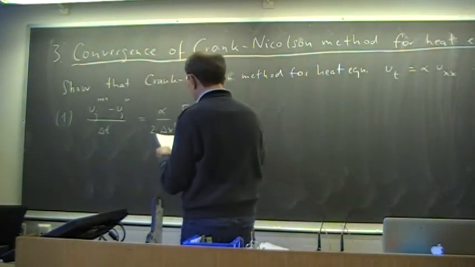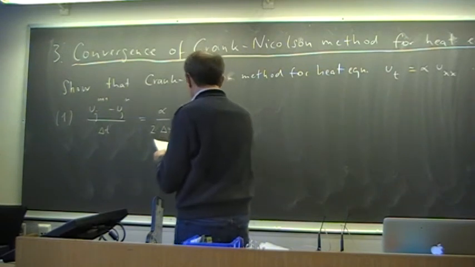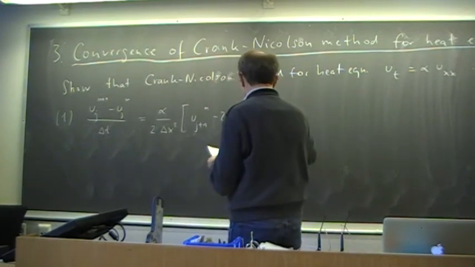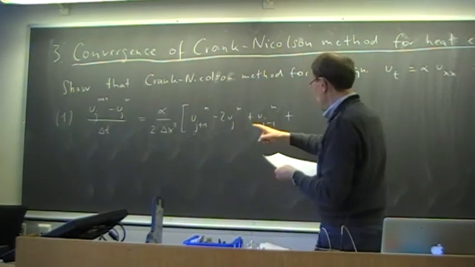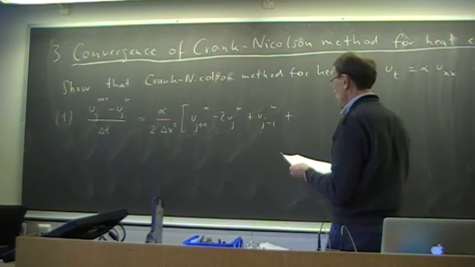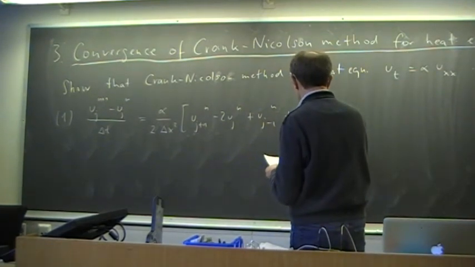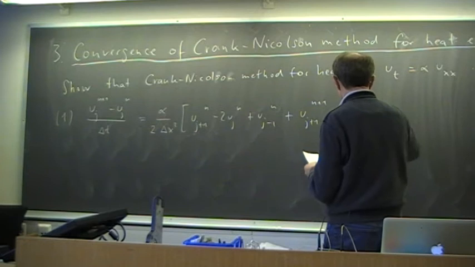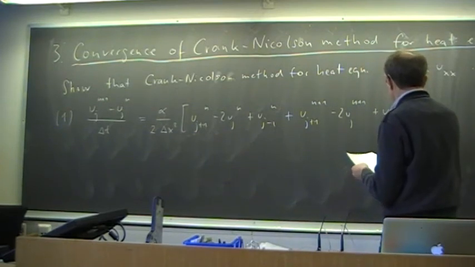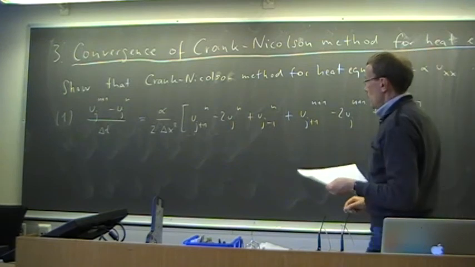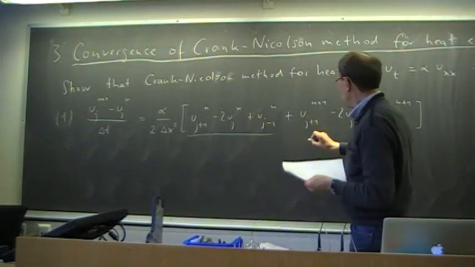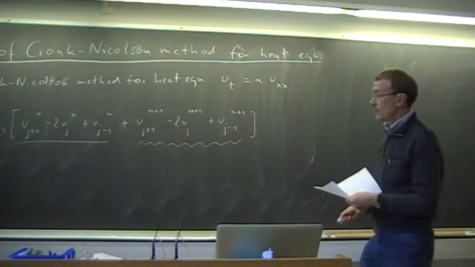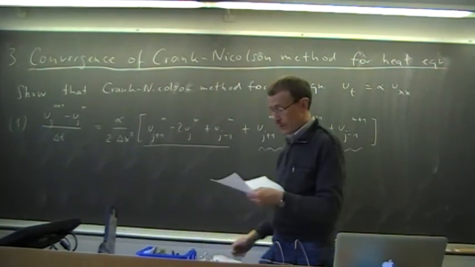And then we have the second derivative approximation at the old time level n, which is the usual way. And a similar approximation then at the new time level: u_{j+1}^{n+1} minus 2 u_j^{n+1} plus u_{j-1}^{n+1}. So this is at the old time level, and this is at the new time level. And to get it right, we have done here the averaging, so definitely the 2.